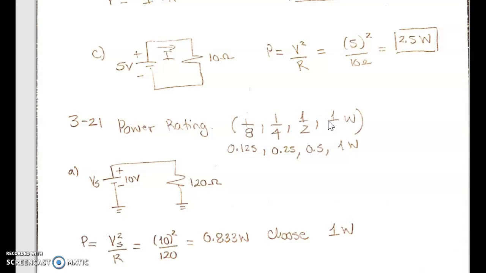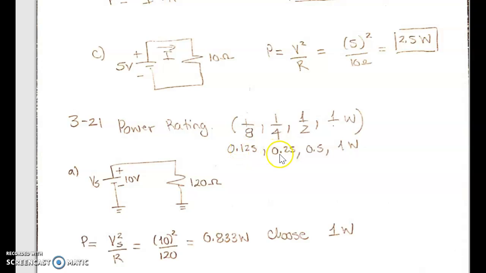If you want some other power rating, then you will have to have it made custom to your needs, which means more expensive, right? So we usually stay with the standard values, unless you are medicine or the government, right? They can get whatever they want.